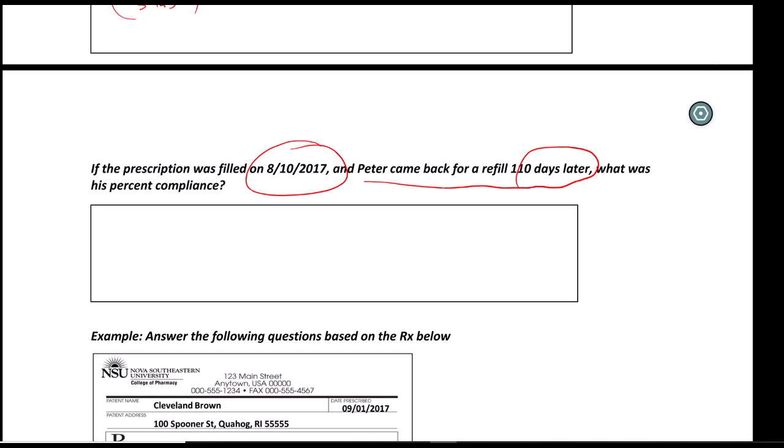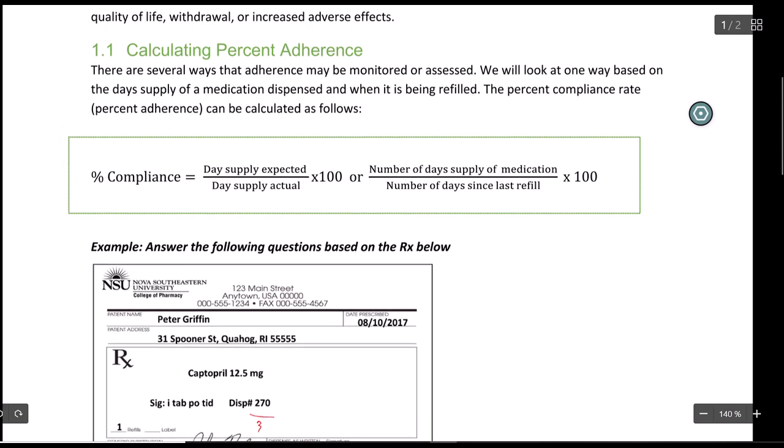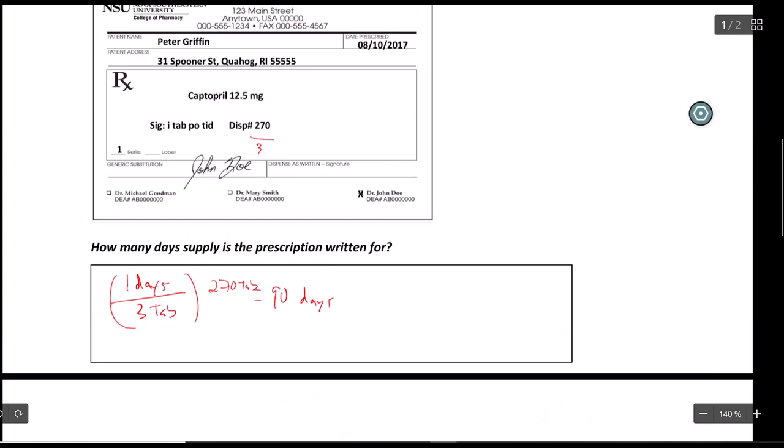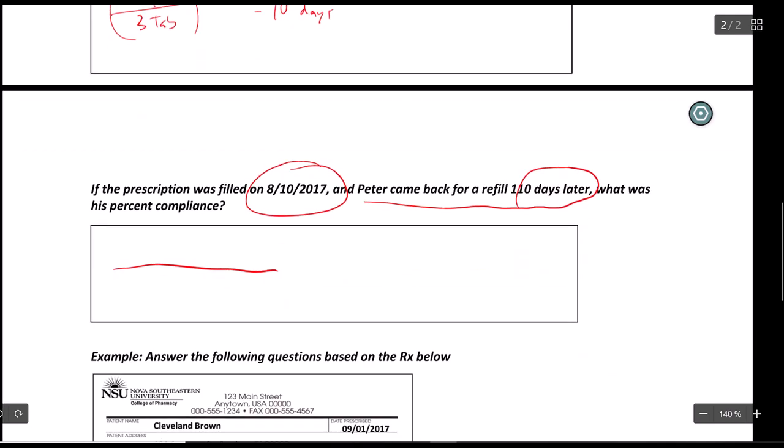So looking back at the equation for percent compliance, depending on how you want to word it, I like this one because to me it's a little more clear. I say the number of days supply that the medication is that we gave them, and then this is the number of days since they got their last refill. So this prescription here was for Peter Griffin, and he got 90 days worth. So that's the number on top, 90 days.